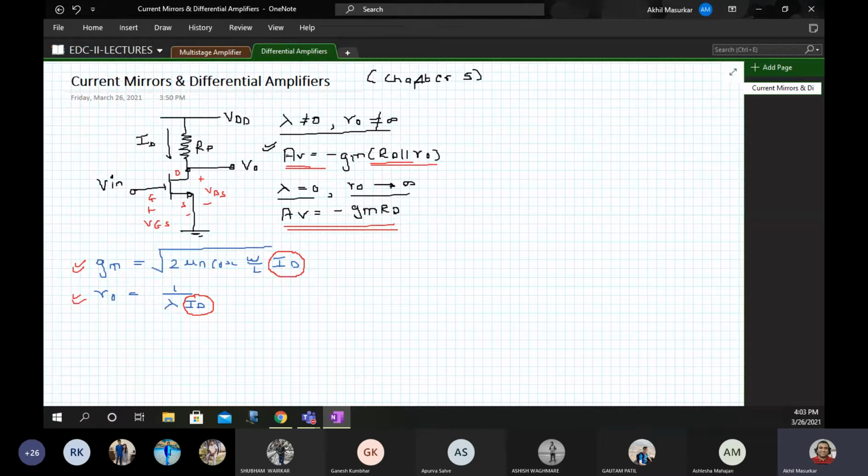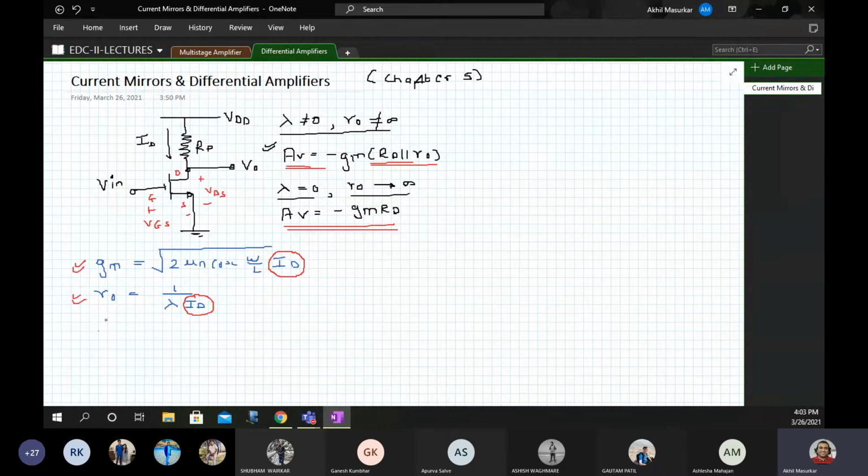If you want the gain to be stable, then throughout the operation of this amplifier, my gm and R0 values should be constant. They should not change, otherwise my amplification will get affected.